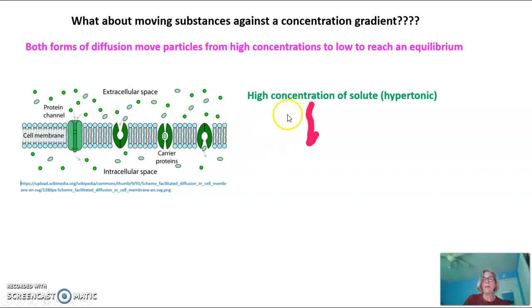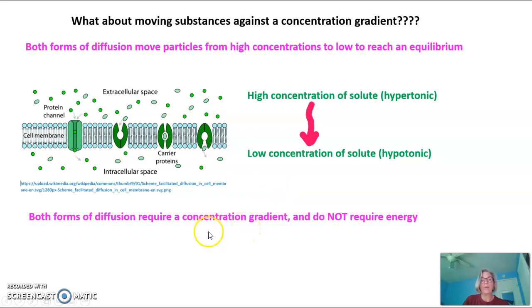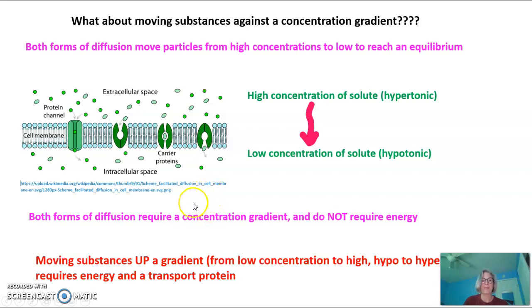That would be going from a hypertonic to a hypotonic solution. Both of these forms, the one that is shown here and the simple diffusion shown in a different video on this YouTube channel, require a concentration gradient, but they do not require energy.